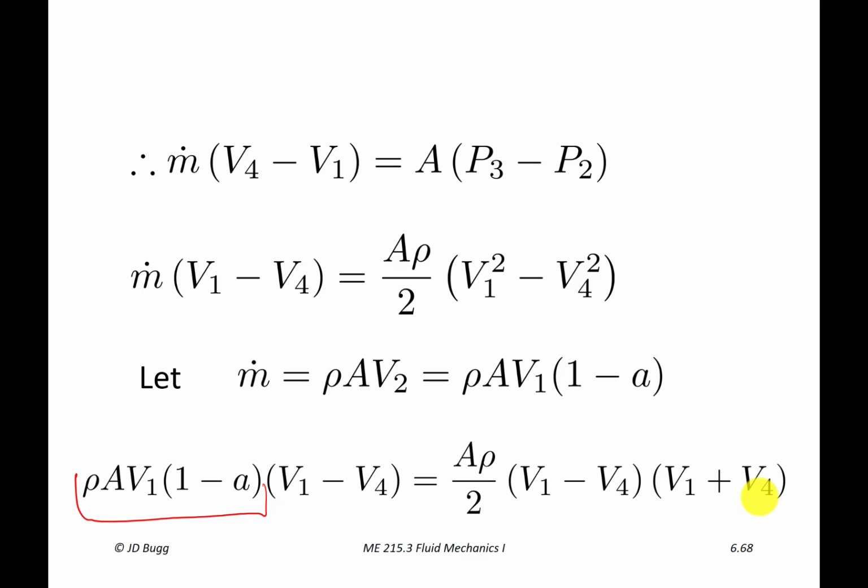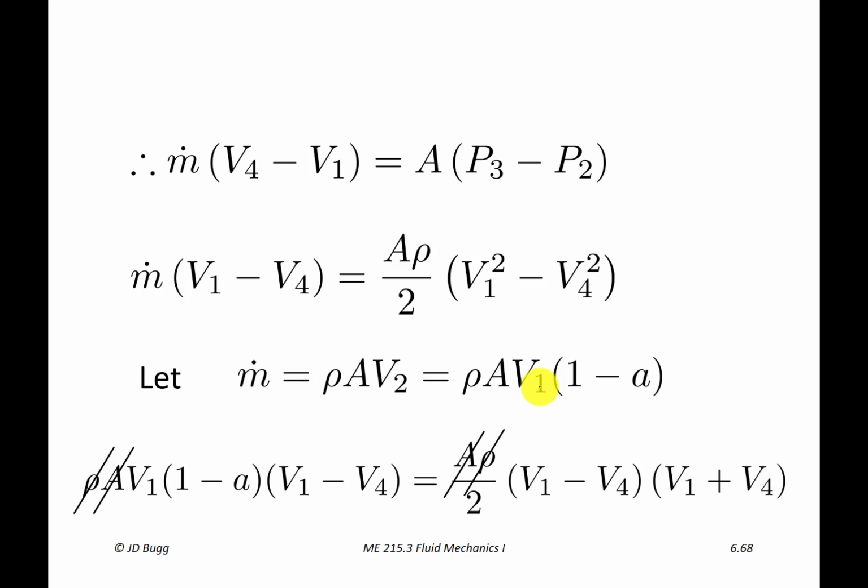And the reason we did that is we can see there's several things that cancel on the two sides of this equation. There's density on both sides. There's area on both sides. So that's another reason why we got rid of this mass flow rate and got it in terms of density, area, and velocity, is we can simplify this equation greatly by doing that.